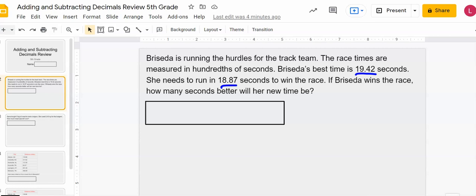We also know that when you're running track, the lower your time is, that means that's the fastest that you've been. So she would need to run a less amount of time.